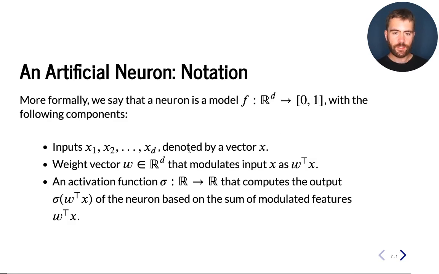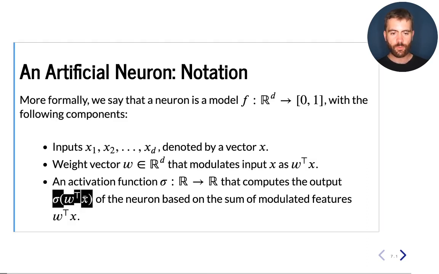It performs the following operation, where we multiply weights with the inputs, and then we pass the result into an activation function, and in the rest of the slides I'm going to use the notation sigma.